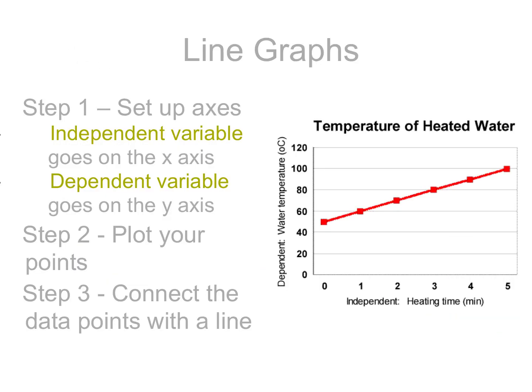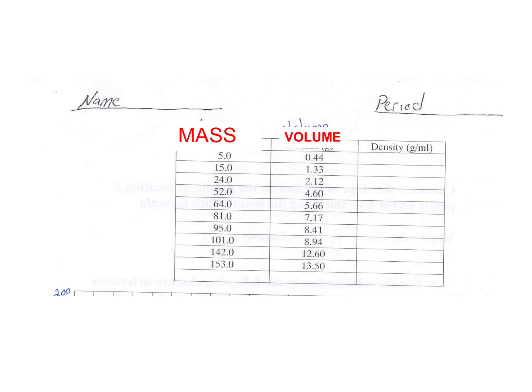Okay, go ahead and take the graph number 2, and that's the next one you're going to do. And this time you're going to be able to label your axis, set up your axis. We're doing a density graph. Again, mass is always on the y.